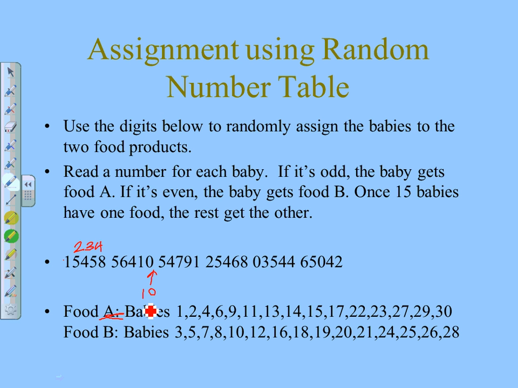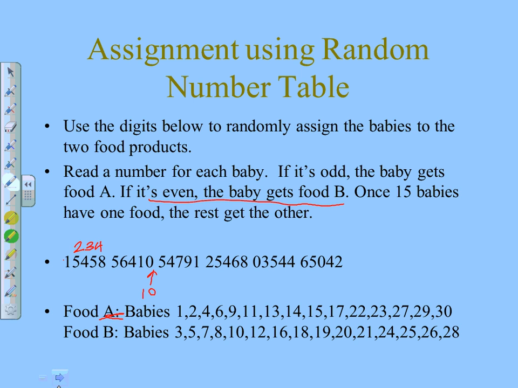So that's why I asked the question. 0, is 0 odd or even? 0 is even, actually. If you can divide something by 2, it's even. So 0 divided by 2 is 0. Divides evenly. So 0 is an even number. Which food does baby 10 get? B. Even, baby gets food B.